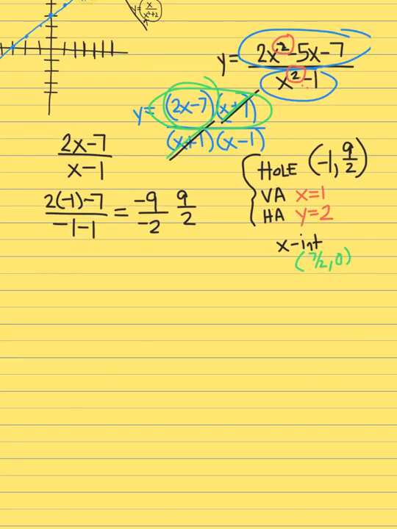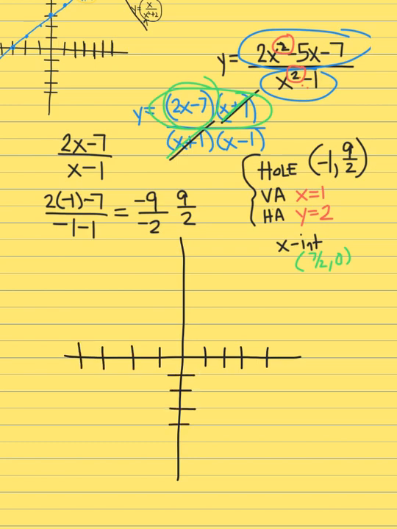So I'm going to make my coordinate plane right here. My vertical asymptote is at x equals 1, so I'm going to draw a vertical line at x equals 1.